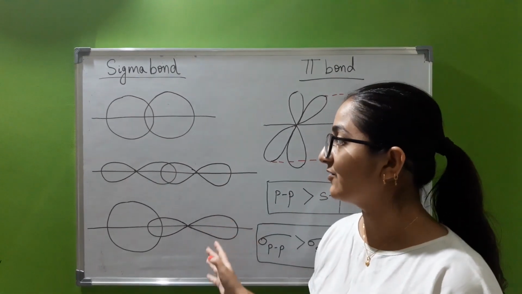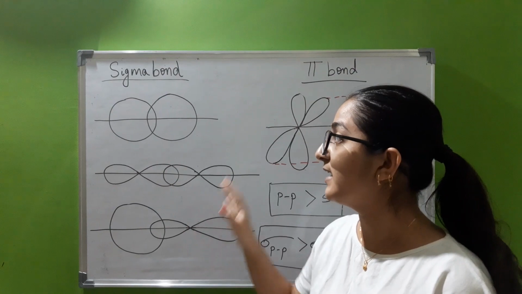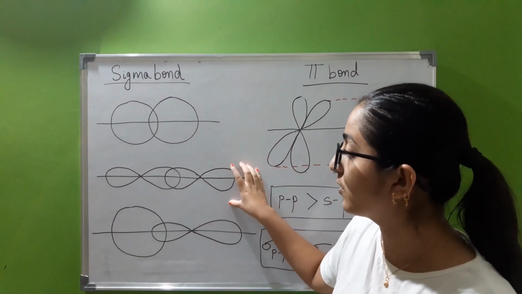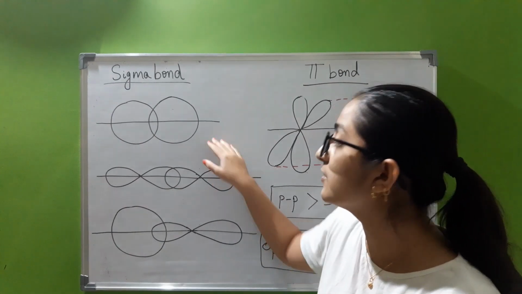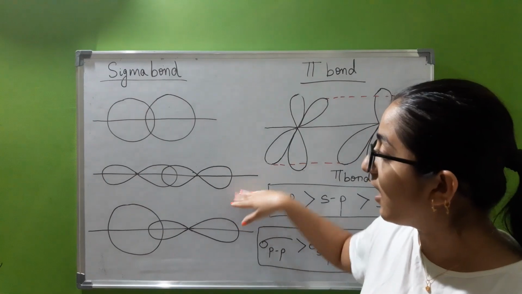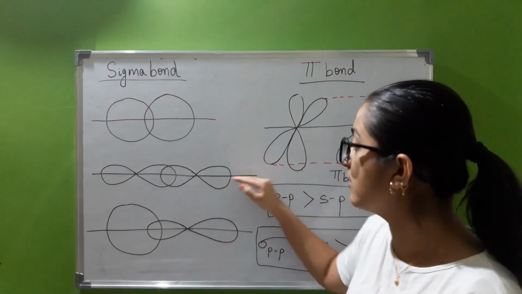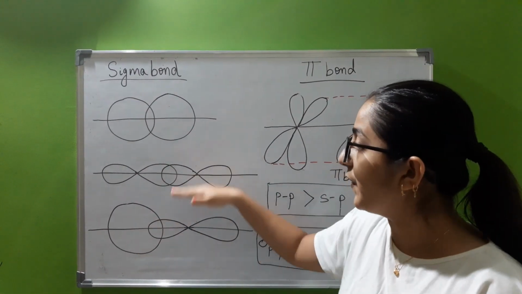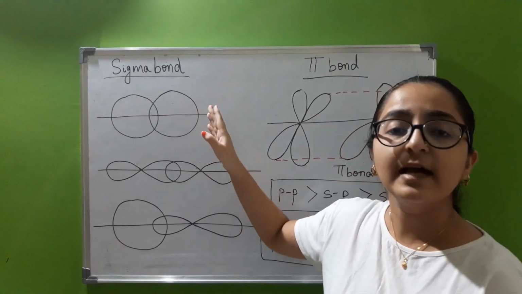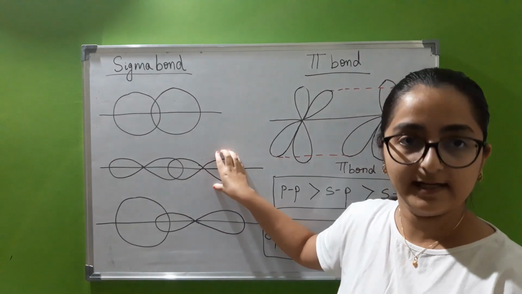One important characteristic of the sigma bond is that the electron cloud is pretty much localized only towards its internuclear axis. That means these electrons are not present above or below them. They are only present along these axes. They are not available on the top, which makes the sigma electron pretty much localized.